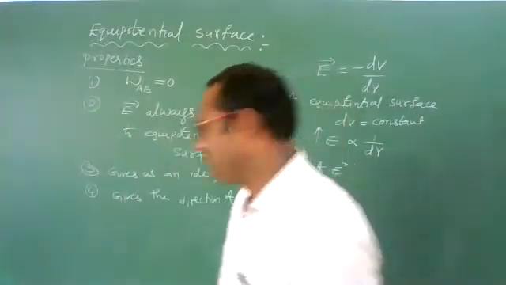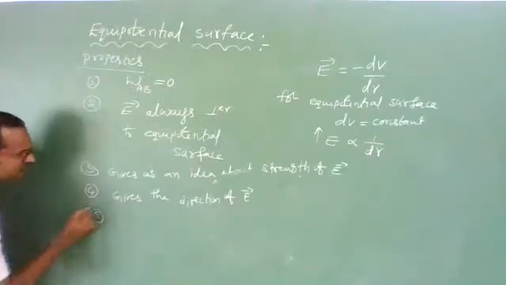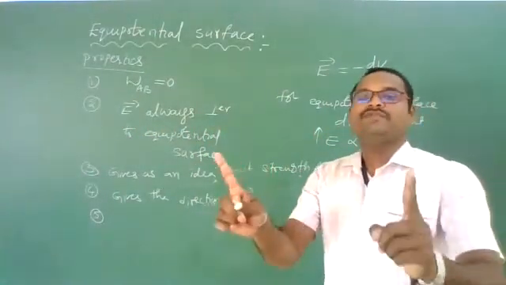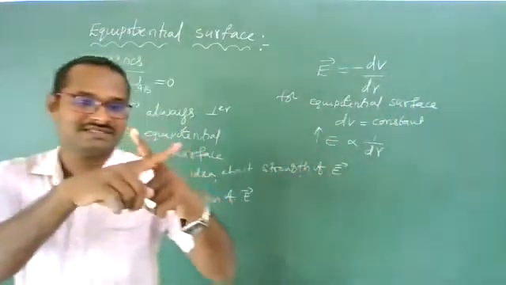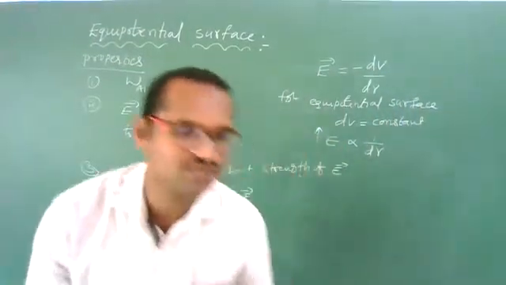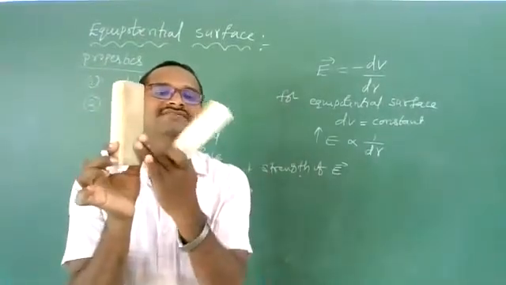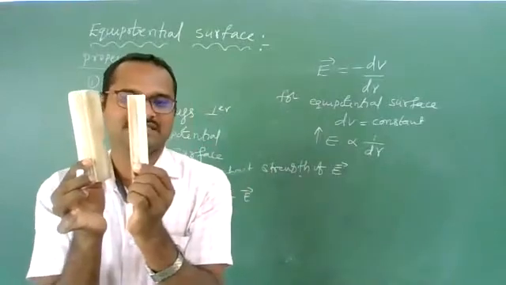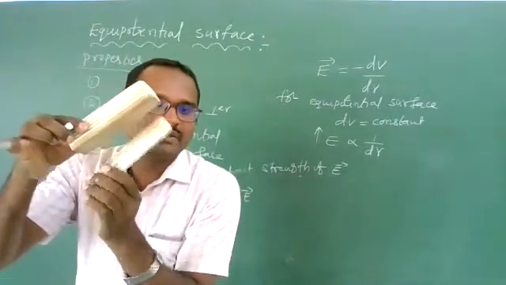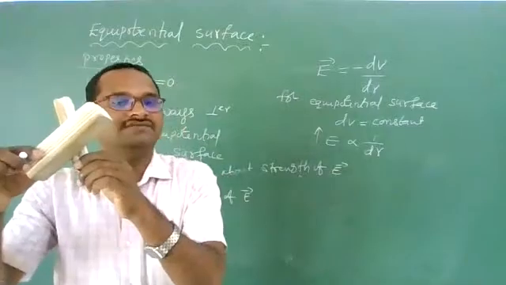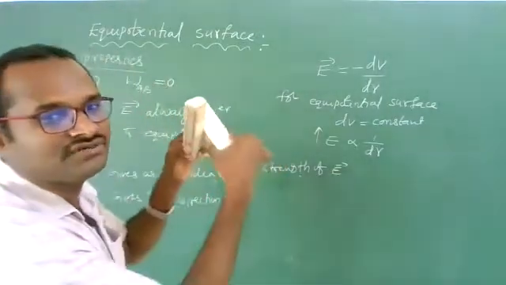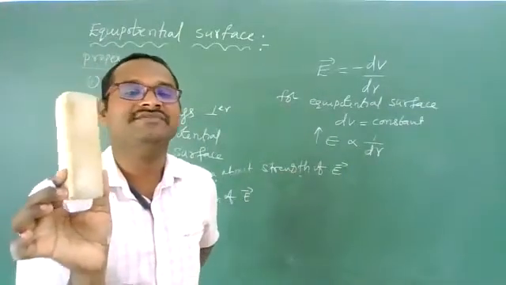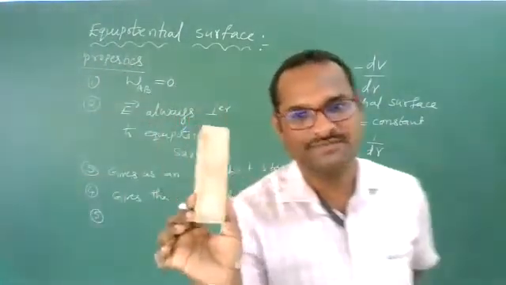Now the fifth point, the last point. If you consider two equipotential surfaces, they cannot cross or intersect each other. Imagine these two dusters. This is one equipotential surface, and this is another. These two can be like this, but they cannot cross like this. The reason is at the point of intersection. Imagine this is one equipotential surface, where at each and every point the voltage is, let us suppose, 10.